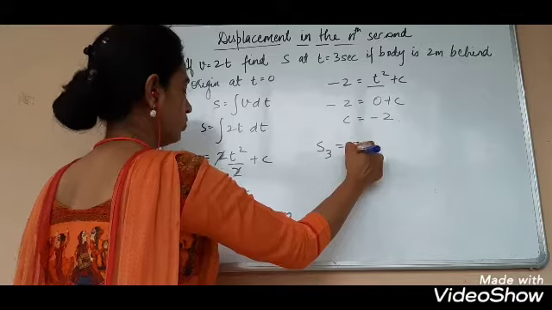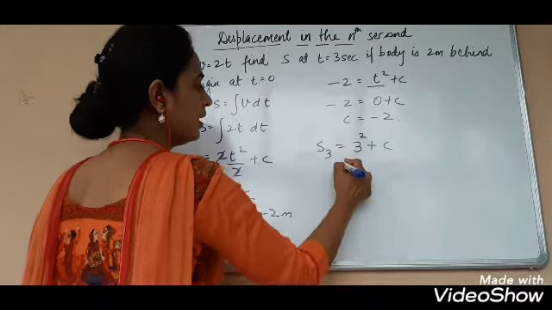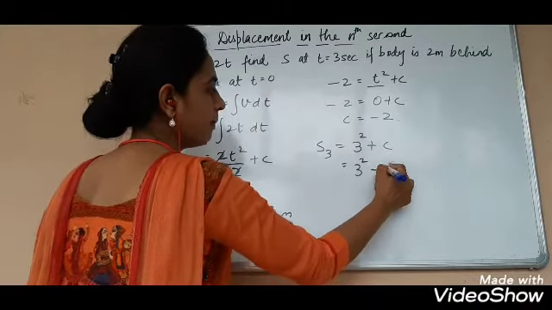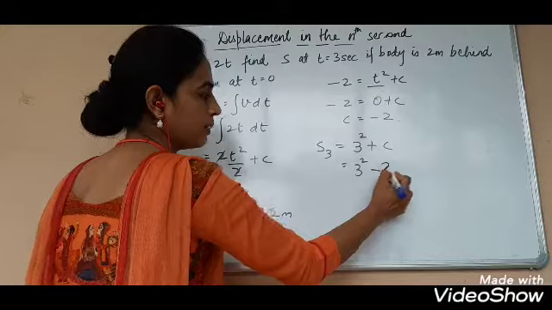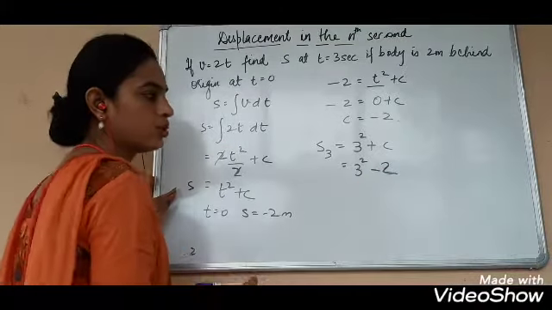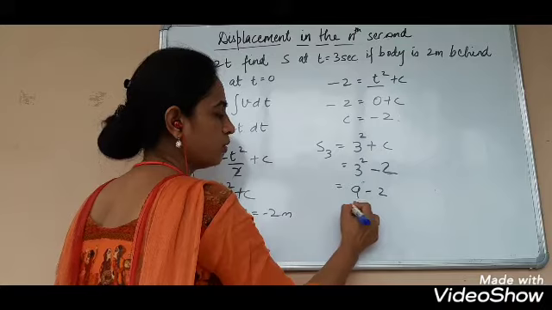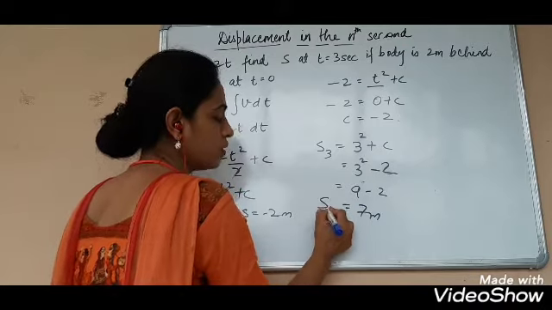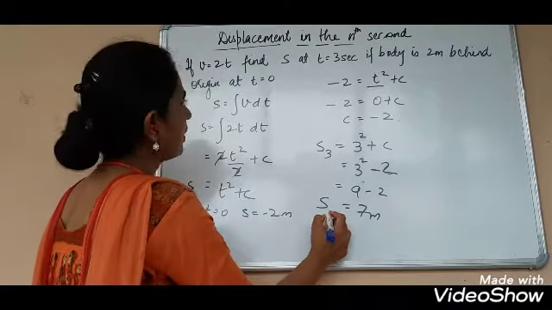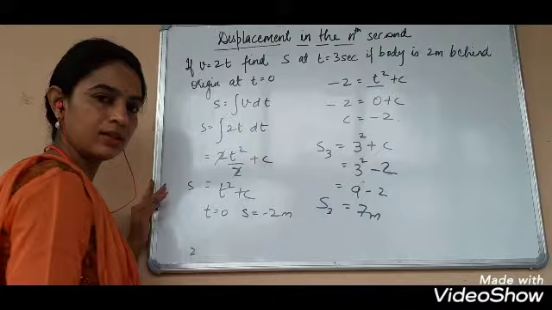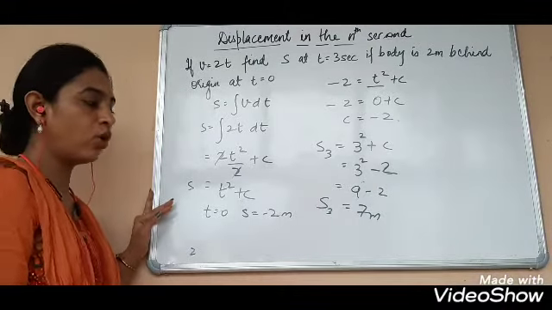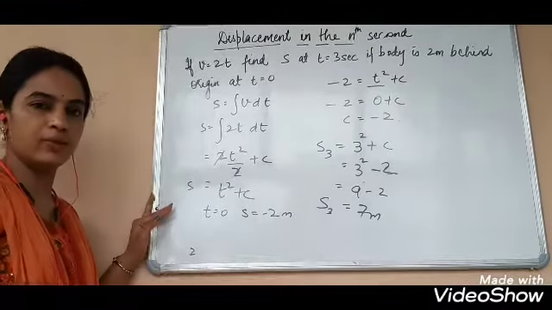That will be 3 square plus c, that will be 3 square minus 2, c's value being minus 2. So 3 square minus 2 is 9 minus 2, which equals 7 meter. So the displacement at the end of 3 seconds is 7 meter.